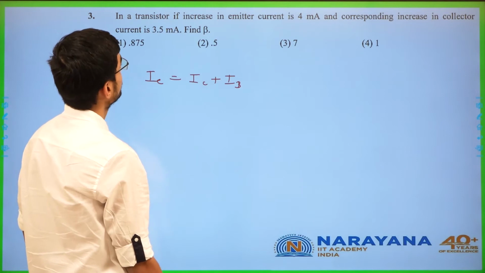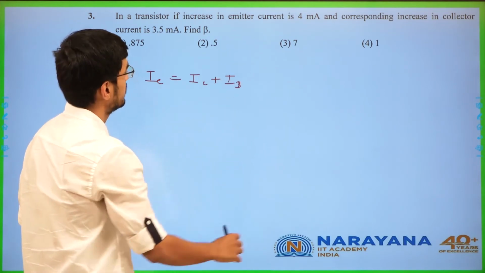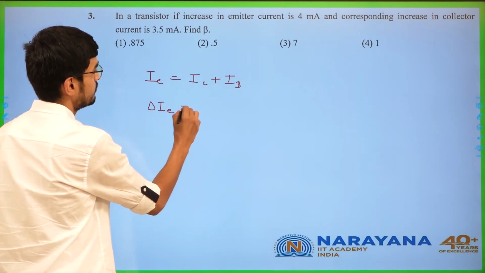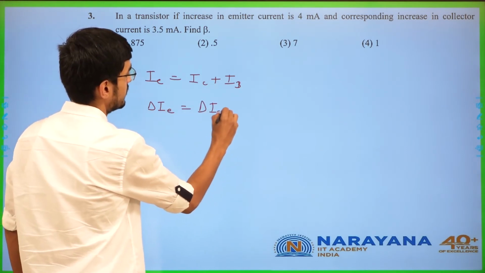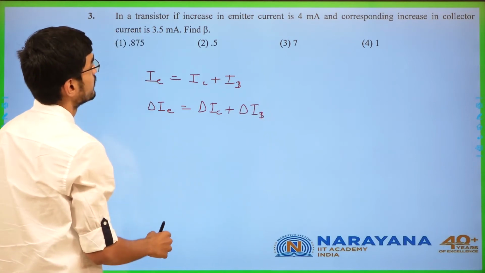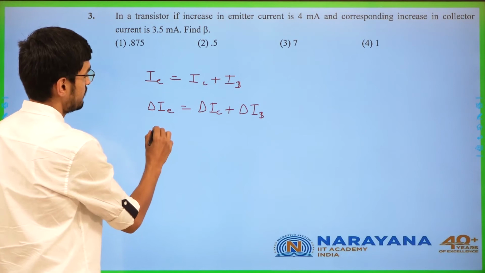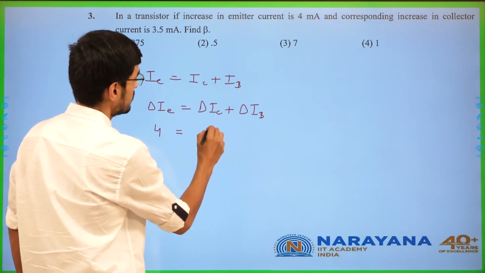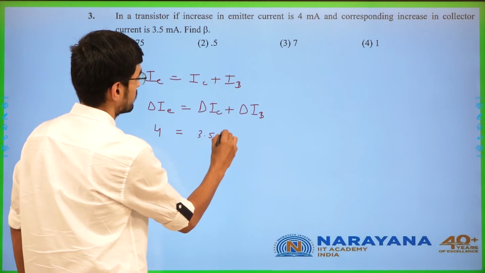We are given the increase in emitter current and collector current. So we can create the change equation: delta IE equals delta IC plus delta IB. We are given the increase in emitter current as 4. The corresponding increase in collector current is 3.5.